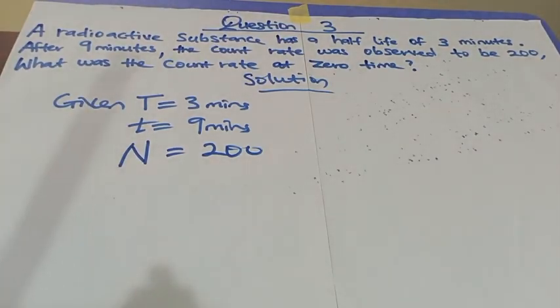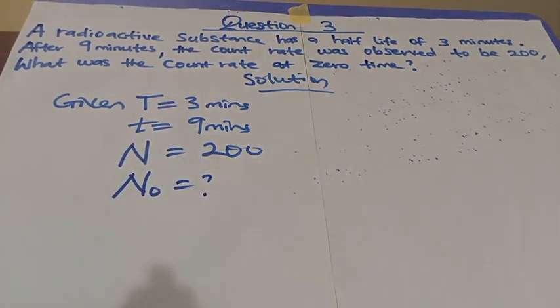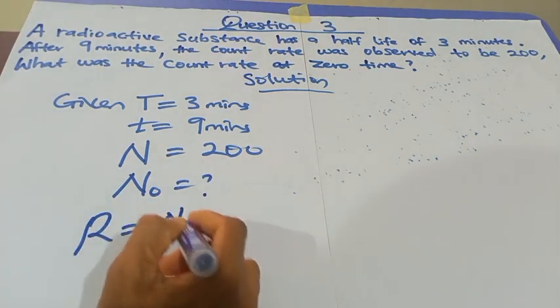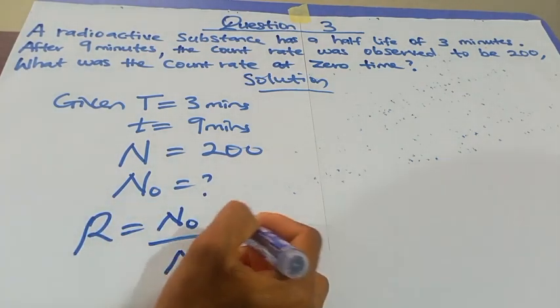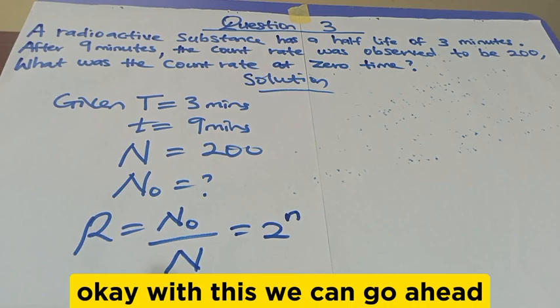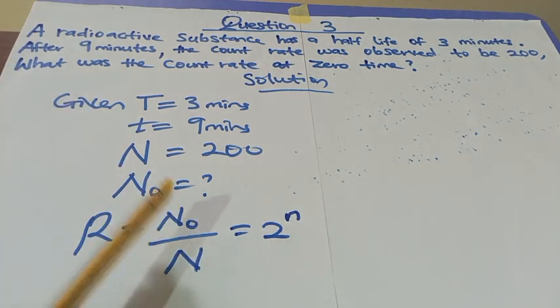What was the count rate at 0? So the initial one is what we are looking for. Remember the formula we are to apply, that R is equal to N naught over N, which is 2 raised to power n. We want to find the initial count rate.